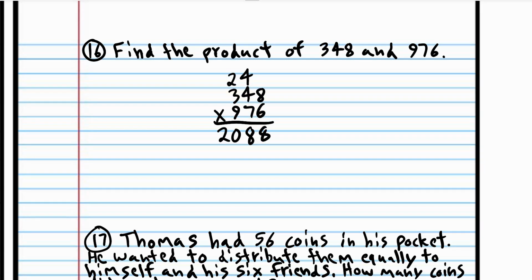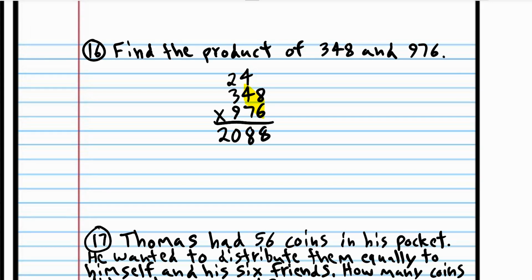And if I got a 2-digit number, I had to carry the number in the tens place. 6 times 8 was 48, so I had to put the number in the ones place here, and I had to carry the number in the tens place. 6 times 4 is 24, and I had to add the 4 that we carried, and I got 28, so I had to put the number in the ones place here, and I had to put the number in the tens place up here.